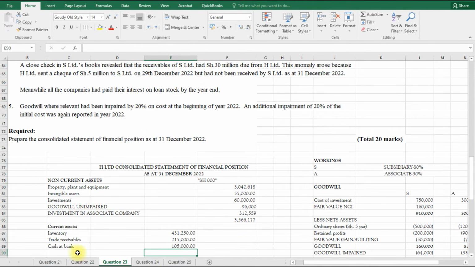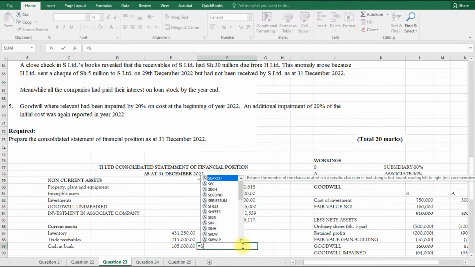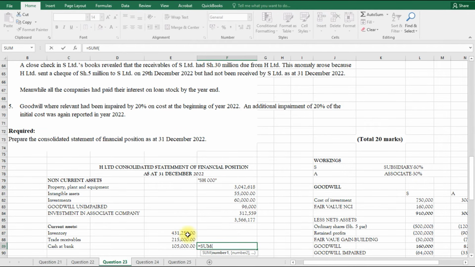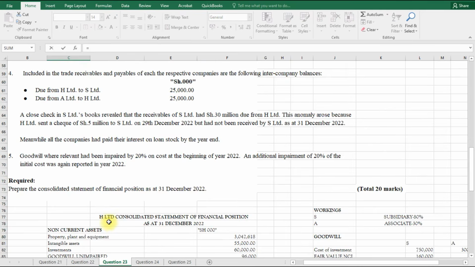We shall get the total here, alt equals, so equals, we'll put the sum, I'll sum the three of them that way, and I enter, so that here you shall get our total assets.